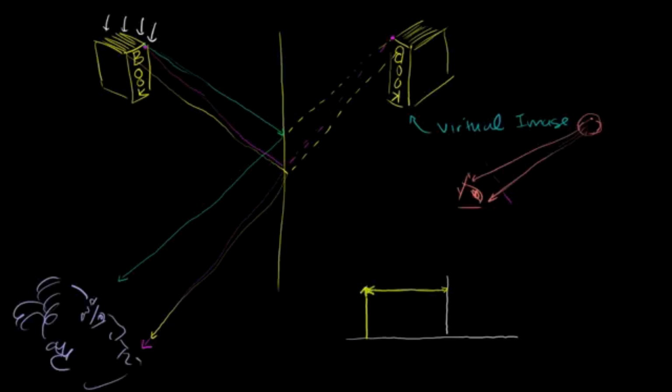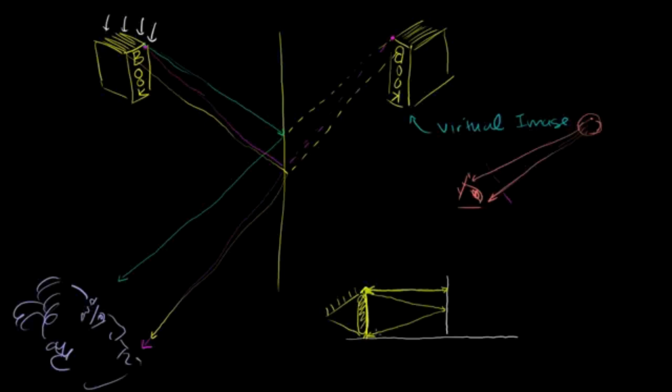And let's just do another ray coming from that point. So another ray coming from that point might come out like that. Incident angle is equal to reflected angle, so then it would come back like that. Now, maybe this whole thing is an eye. Maybe that'll simplify things. So let's say you're looking really close at a mirror. This whole thing is an eye. Now, what would the eye see?